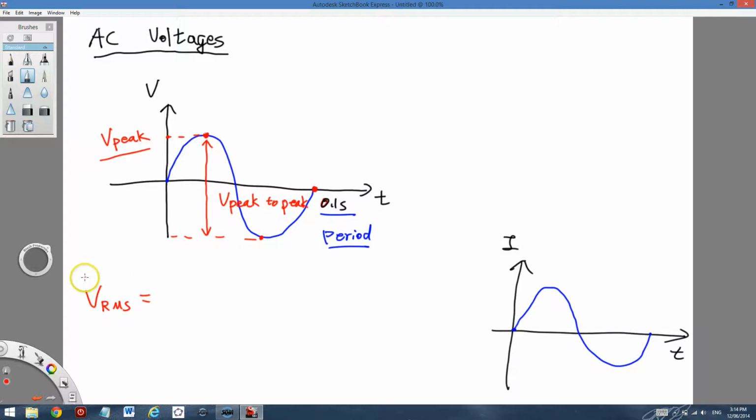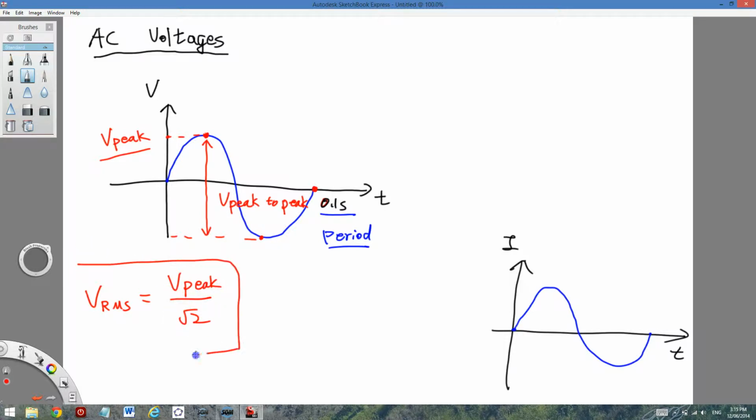To make it simple to understand, the RMS value is basically the average value of an AC current or an AC voltage. It's calculated using the formula: the peak voltage divided by square root of 2. And in your calculations, we use this value.